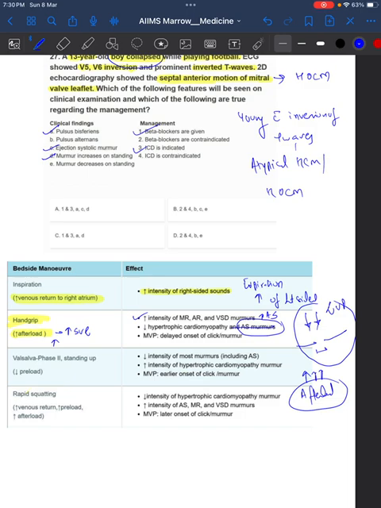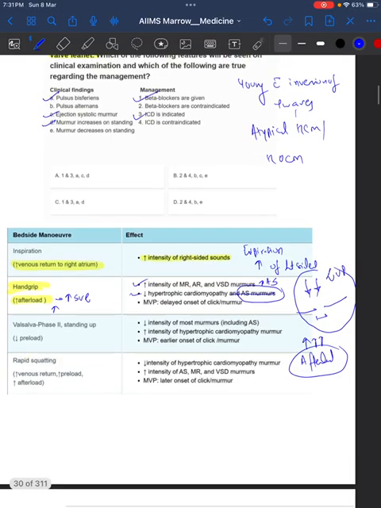Now about hypertrophic cardiomyopathy, what happens is afterload is increased, but in hypertrophic cardiomyopathy the cavity size is very small. So more pressure has to be generated, but the ventricle will not be able to generate it because the cavity size is very little. So there will be very little blood flow during this phase, and the murmur will decrease.